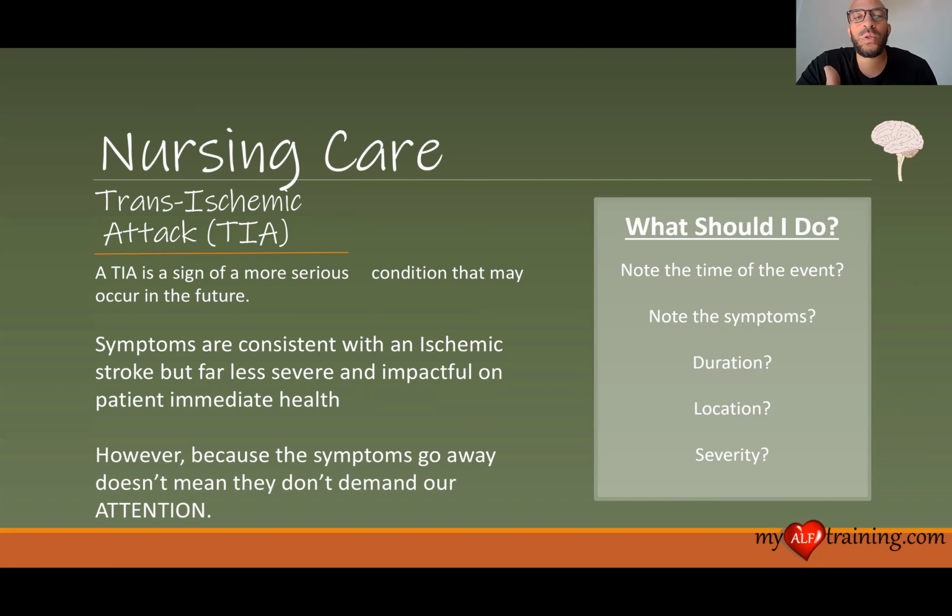So we want to note those symptoms because that's going to clue the doctor or the nurse into how severe this TIA was and whether the patient has a stroke that's impending within the next few days, within the next few months, or within the next few hours.